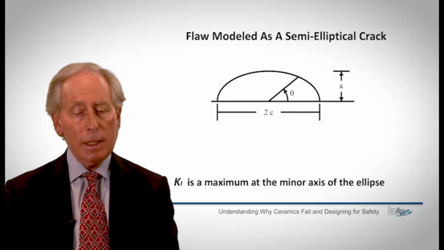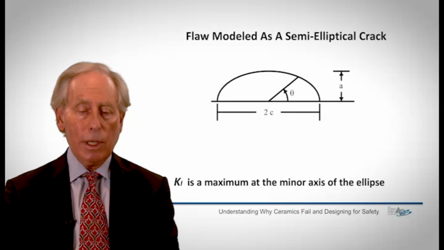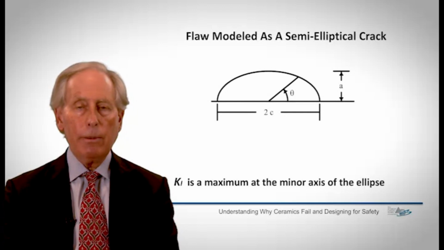So the stress intensity factor will be a maximum at the minor axis of the ellipse down here. There are kinds of flaws, and you see them in practice, where the ellipse is a different shape, namely the minor axis of the ellipse is on the fracture surface, but the concept is the same for either one.